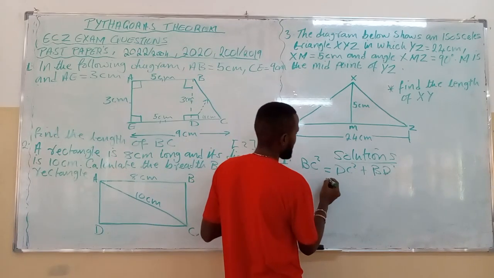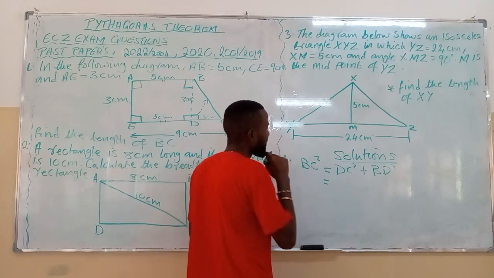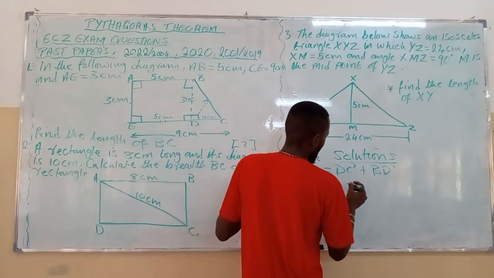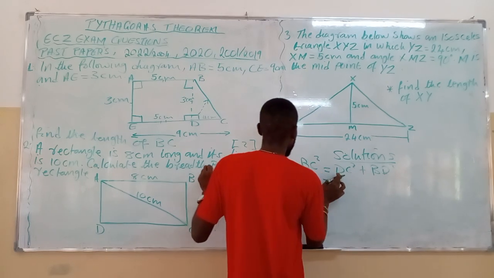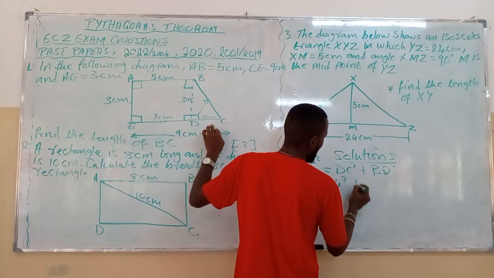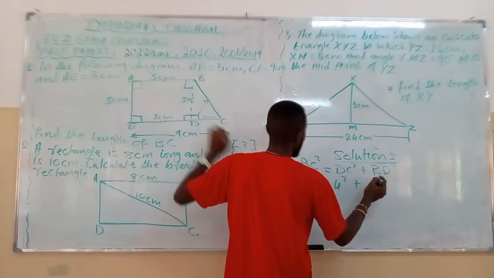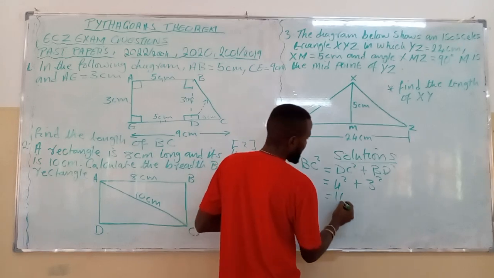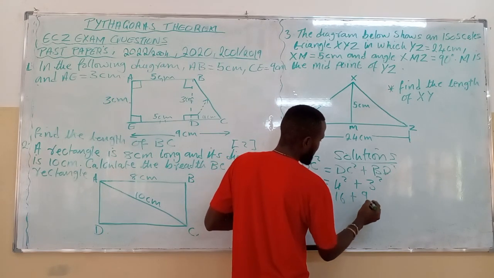What is my DC? DC is 4 centimeters, so 4 squared, plus BD is 3 squared. Therefore, I have 16 plus 9.